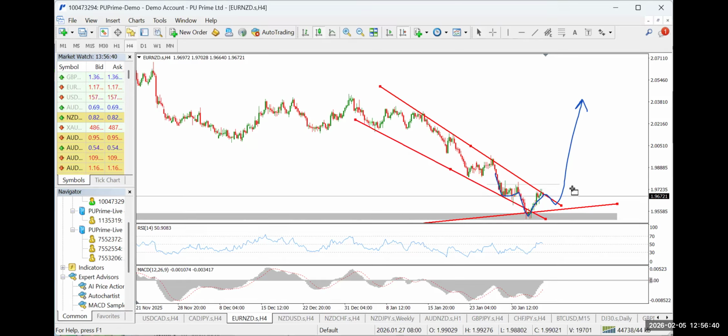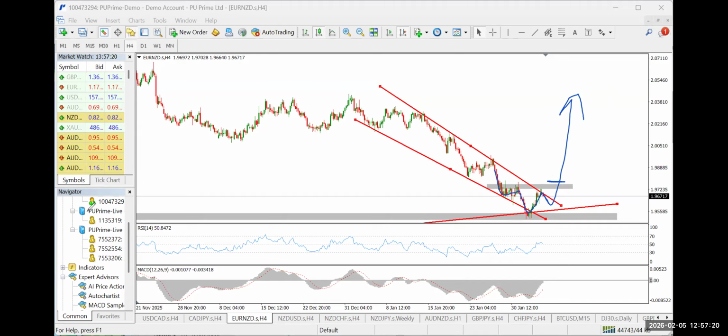The data may come out as a bad one for the Euro, which is actual less than forecast, and that may trigger a move to the downside. If it comes out as less than, our advice is don't sell, just wait, because that means price is trying to complete the second shoulder, and I still expect it to break out later on. So if it doesn't come out as actual greater than forecast, you might just need to exercise patience so that you can enter manually later when price breaks out above the neckline region. But overall, I maintain a bullish outlook on the Euro NZD coupled with the GBP NZD.